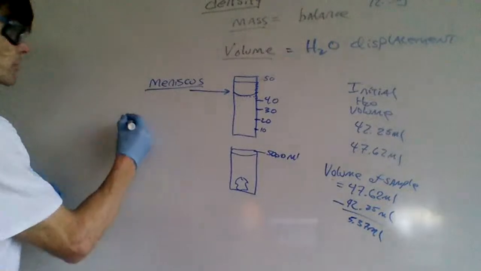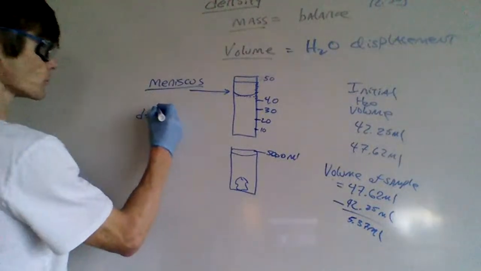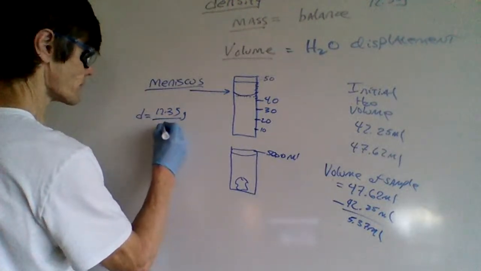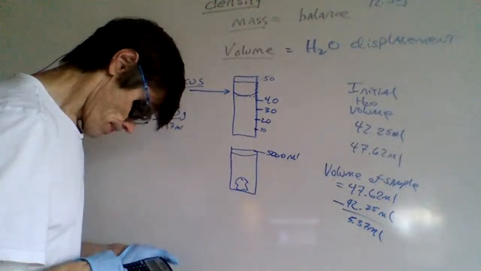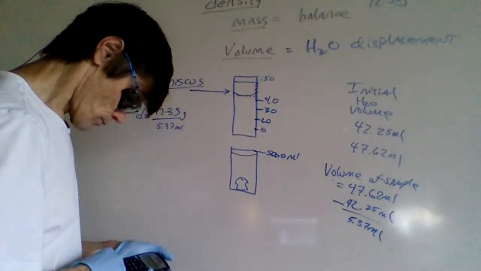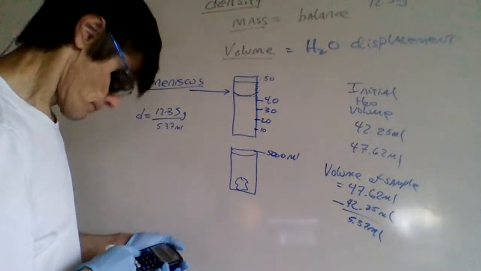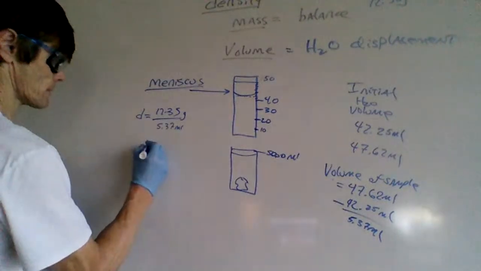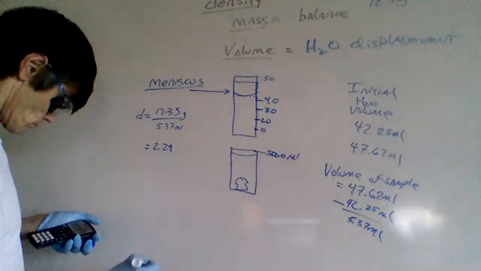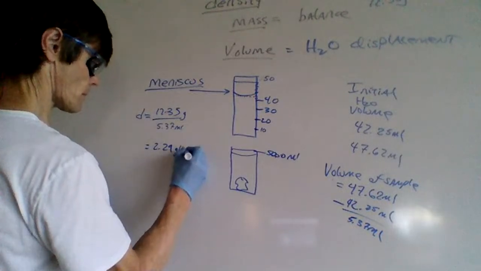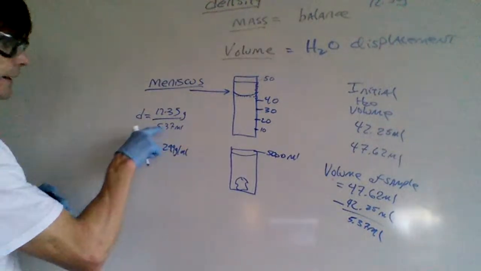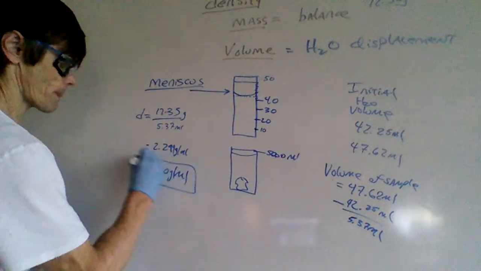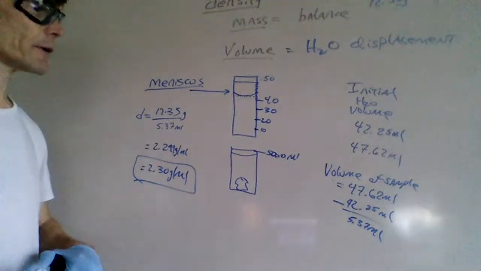The density of the object is equal to 12.35 divided by 5.37, and I got a density of 2.299, and if I limited myself to 3 significant figures, that would be the density of the object.